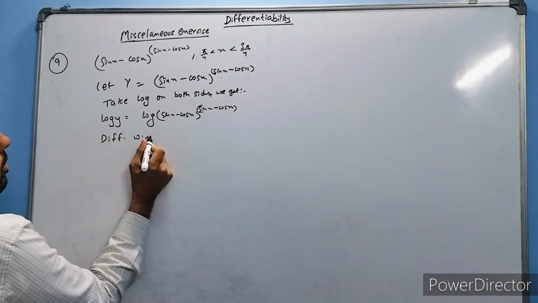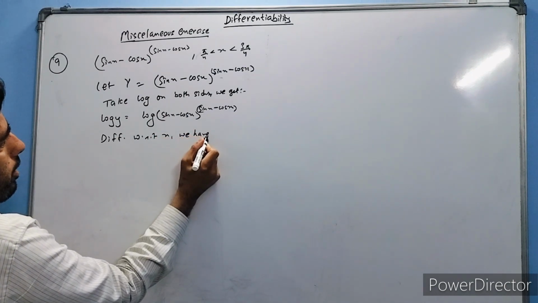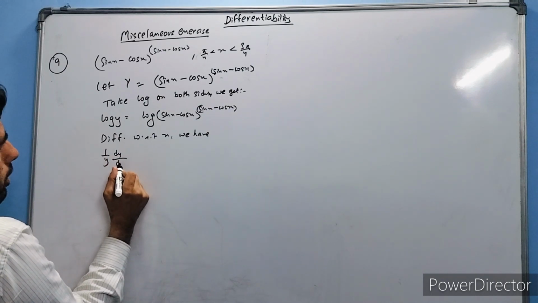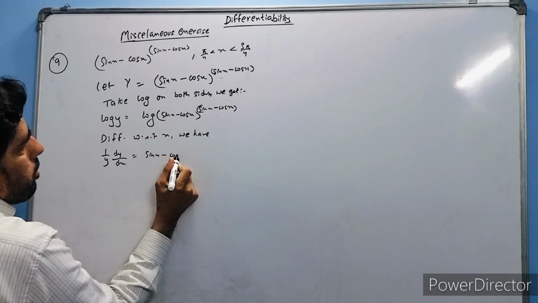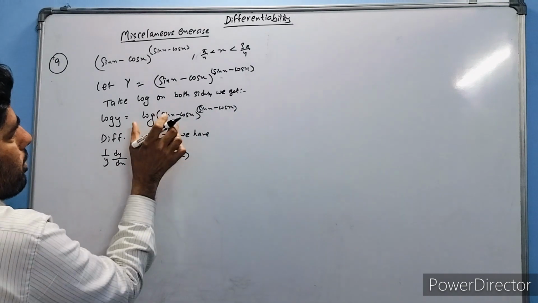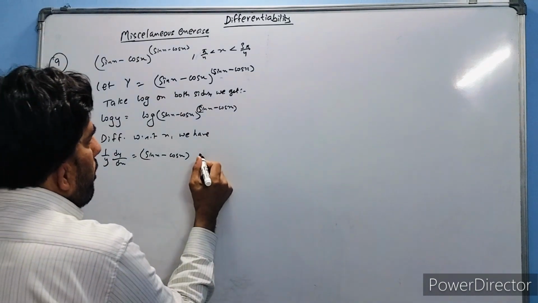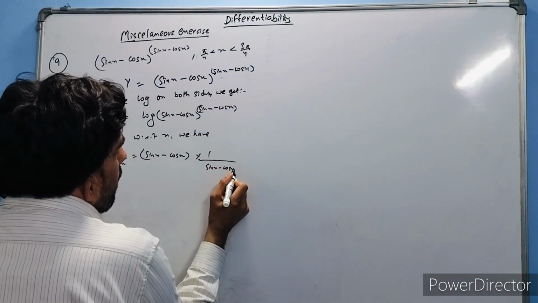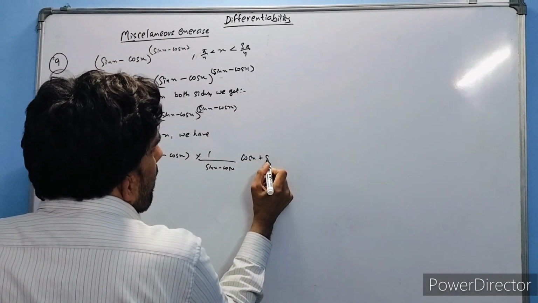Now differentiating it with respect to x, we have 1 upon y, dy upon dx, equal to sin x minus cos x, differentiating the log, 1 upon (sin x minus cos x) into differentiation of this, which will be cos x plus sin x.